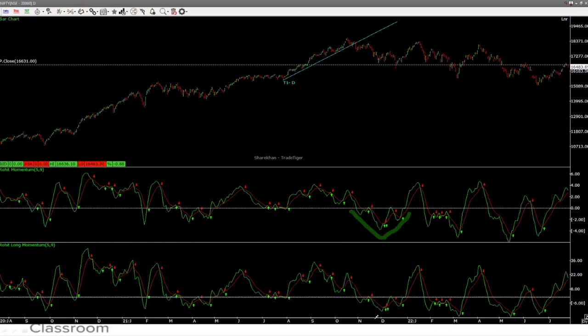But in the long momentum, we've actually compressed the downside, so it doesn't go a lot down, and we've skewed the upside, so it actually goes up a lot more. Therefore it tends to reverse quickly from there, and that is why it sometimes will give you a signal a day or so ahead of the standard indicator. So more useful for exits.